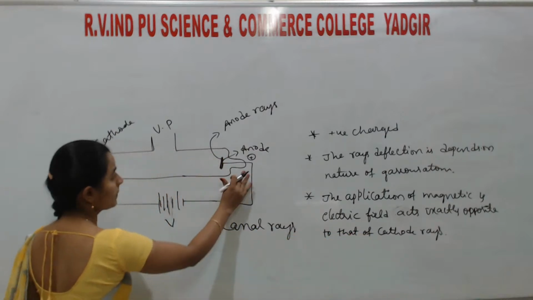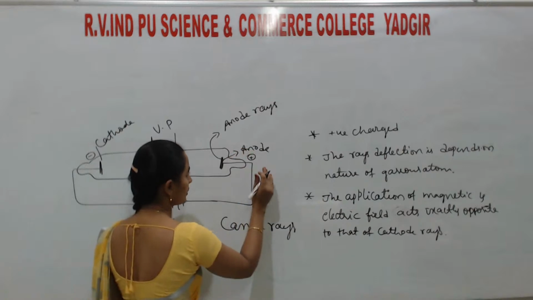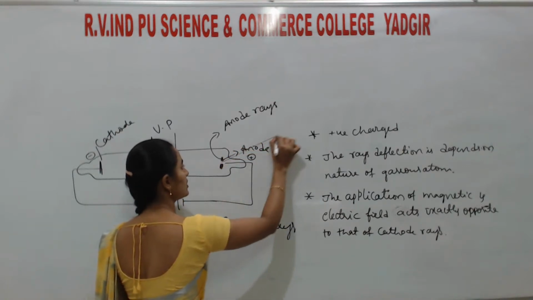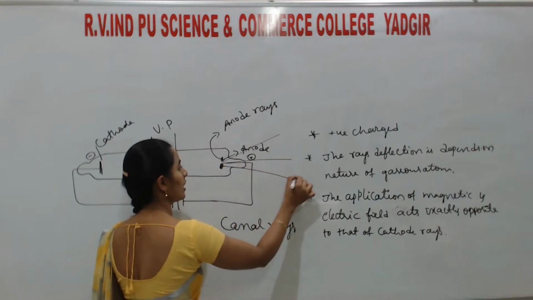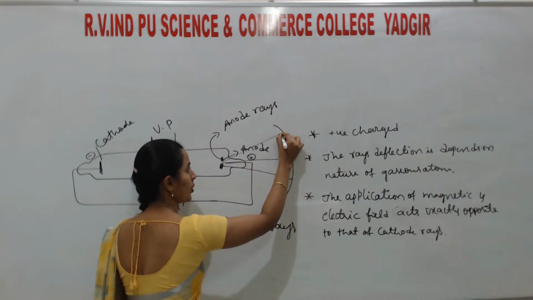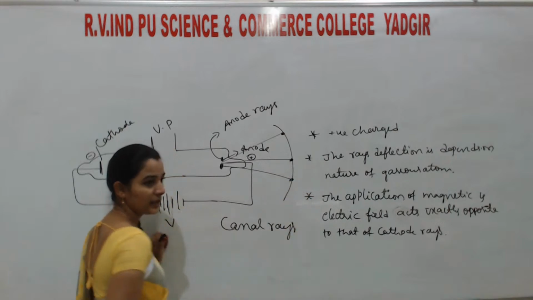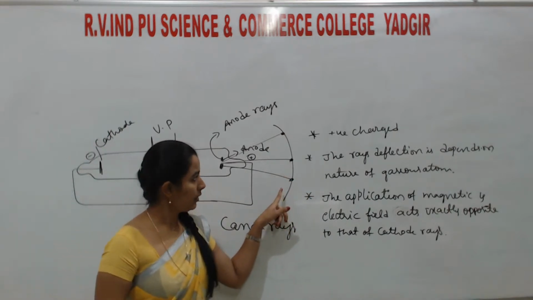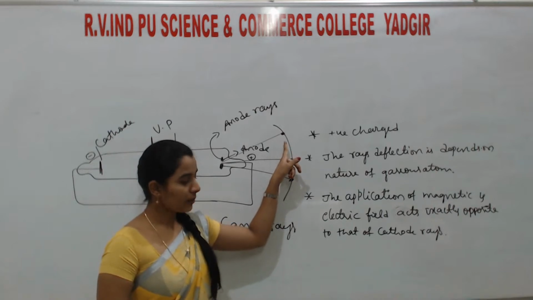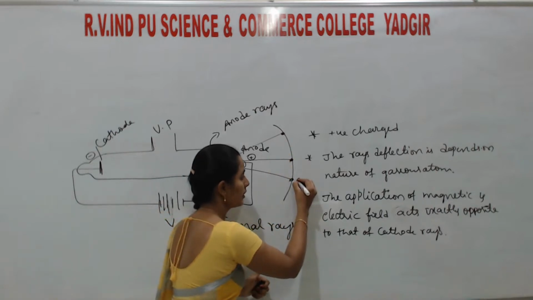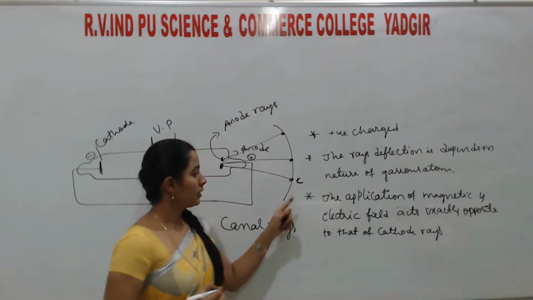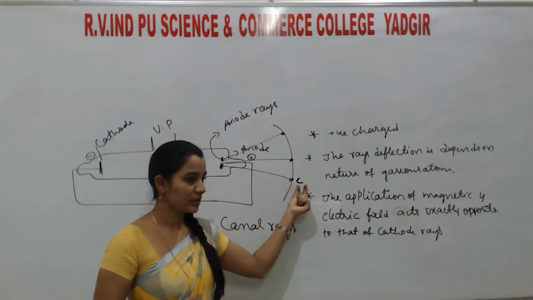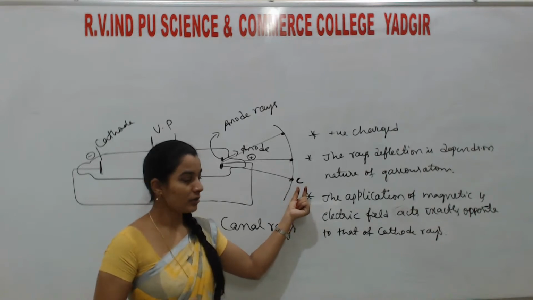So listen, if this is the cathode ray experiment, the ray is deviated like this. In the last class I explained this is point A, point B and point C, right? If we apply a magnetic field to the cathode ray experiment, then it is deflected and spotted at point C. Understood?